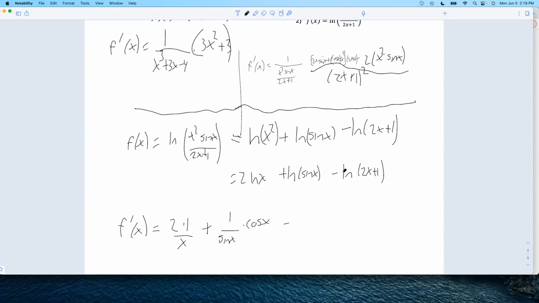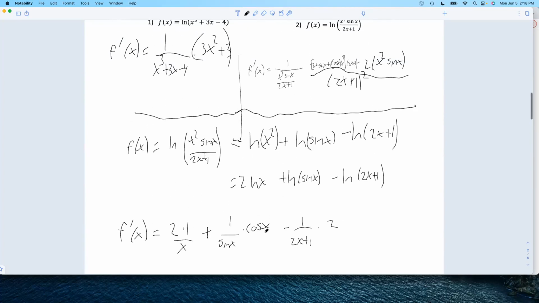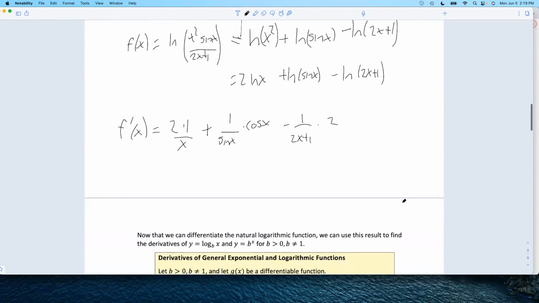Minus, because there's a minus there. Derivative of ln of 2x plus 1 is 1 over 2x plus 1 times the derivative of the inside, 2. And then I could clean this up if I wanted. Probably a lot easier to clean up than all this nasty stuff. Let's stop that one there.